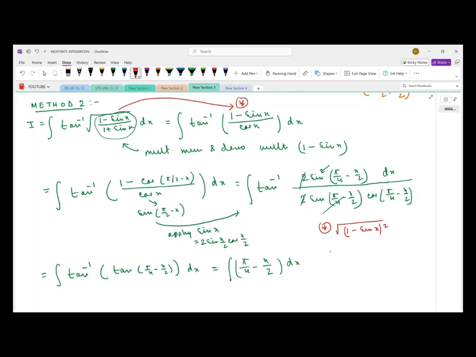Now, this could be written as either 1 minus sine x, which we have done, or it could have been written as sine x minus 1 also, right? Because (1 minus sine x) whole square and (sine x minus 1) whole square are the same. But why didn't we write this and we wrote this?